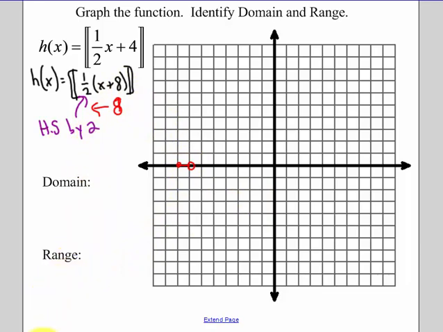So it's going to look like that. The next one would be up here, 2 units long. 2 units long.